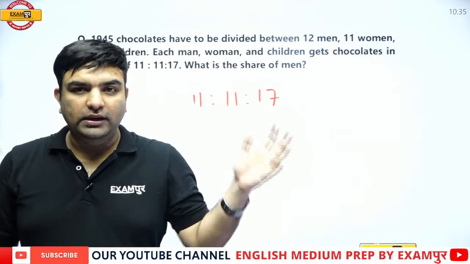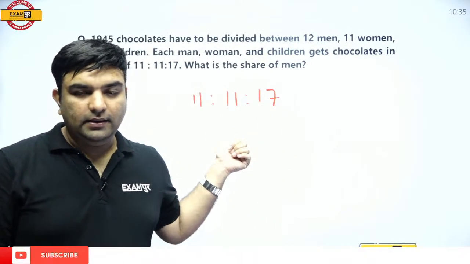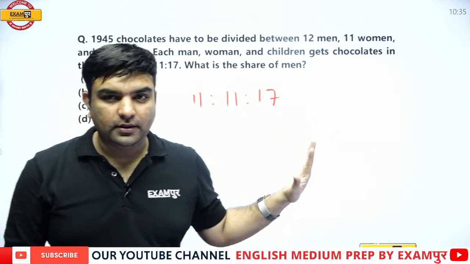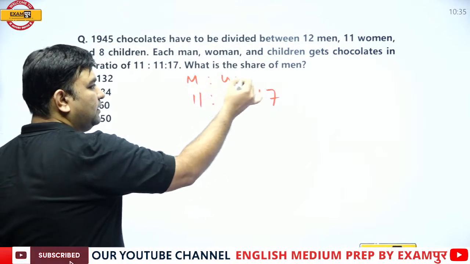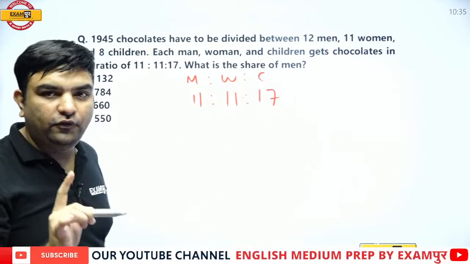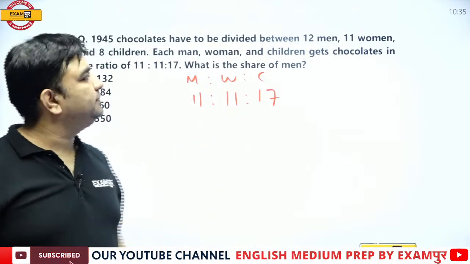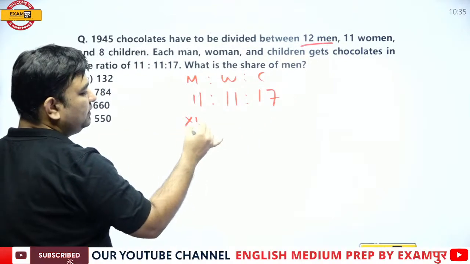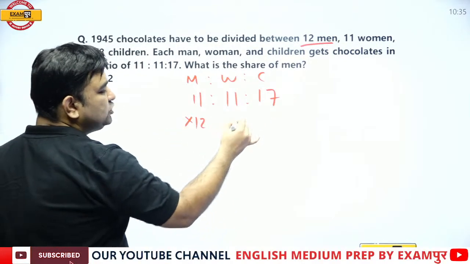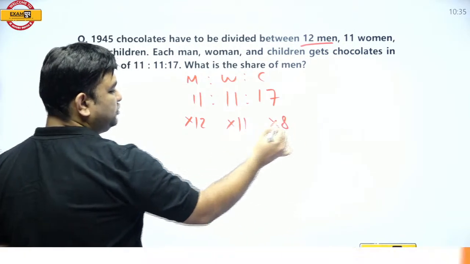It is talking about each man, each woman, each child. Are you listening to me very carefully? One man, one woman, one child. But there are 12 men, so multiply by 12 over here. There are 11 women, so multiply by 11. And there are 8 children, so multiply by 8.